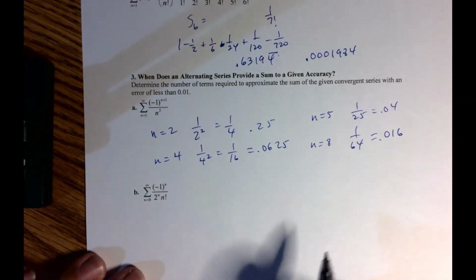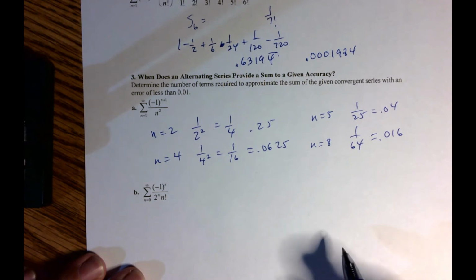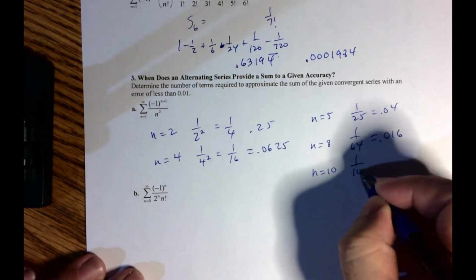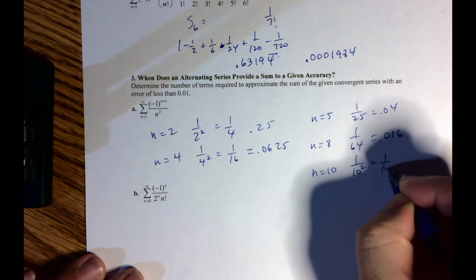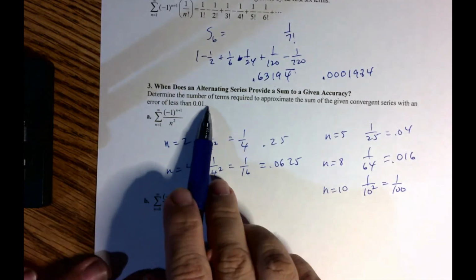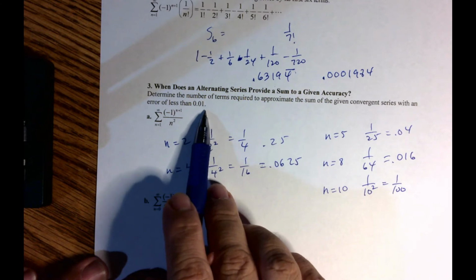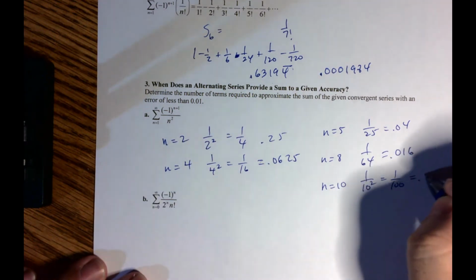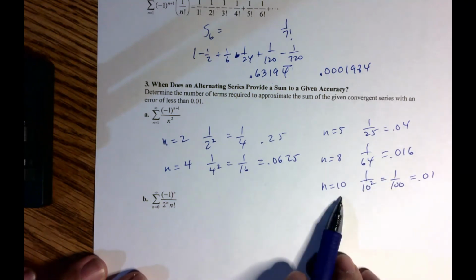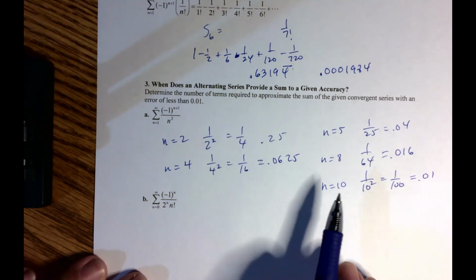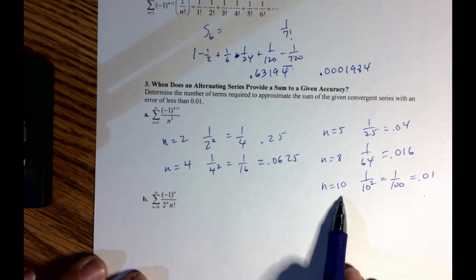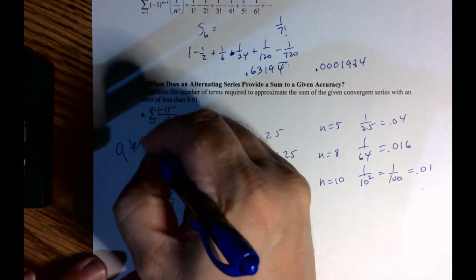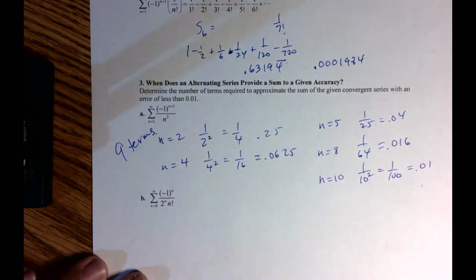Oh my goodness, why didn't I think of that? n equals 10. 1 over 10 squared is 1/100th, that's 0.01. I am so ashamed now. So you need at least 9 terms, right? It's the 10th term that's equal to that, so you need at least 9 terms. So to answer this one, you need 9 terms. Oh, that's embarrassing.